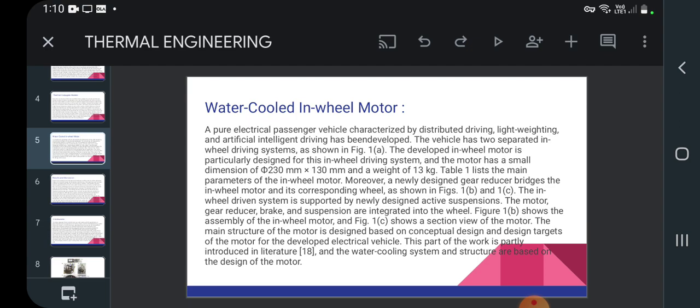This shows the section view of the motor. The main structure of the motor is designed based on the conceptual design and design targets of the motor of the developed electric vehicles. This part of the work is partly introduced in the literature, and the water cooling system and structure are based on the design of the motor.